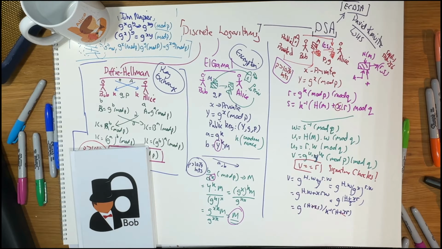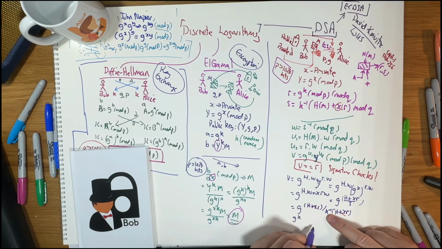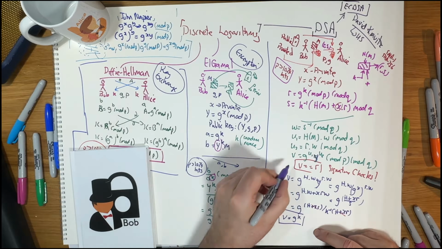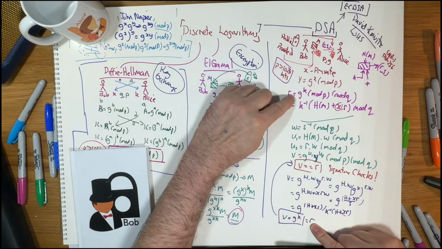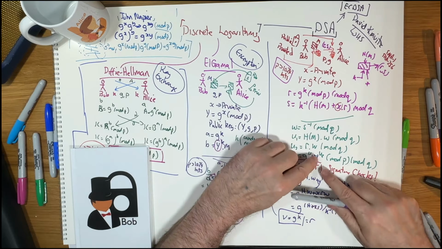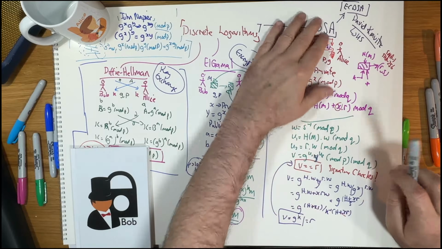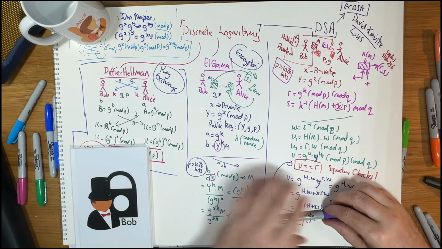The inverse K will come back up to the top, so we end up with G to the power of K, and that is what we've got here, because that's equal to R. I made a little slip there, but that's how we prove our DSA method.